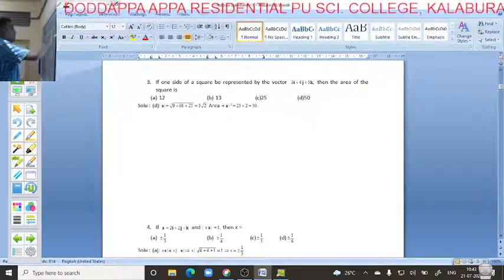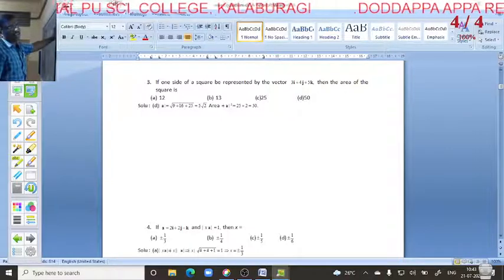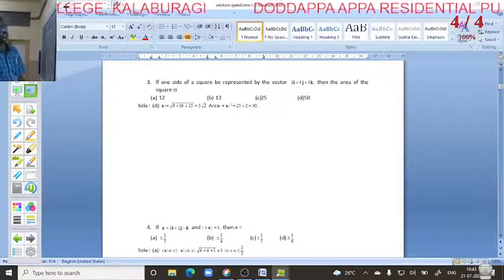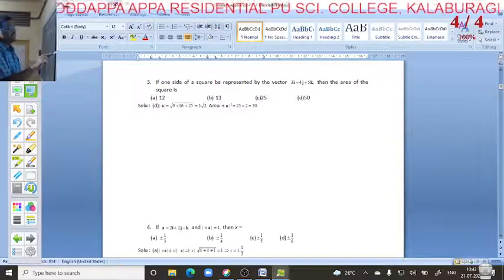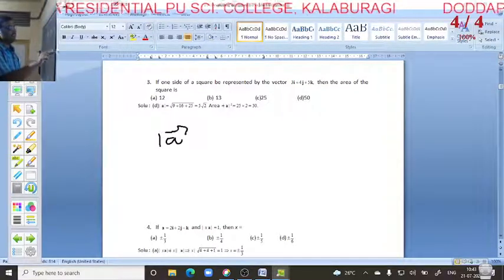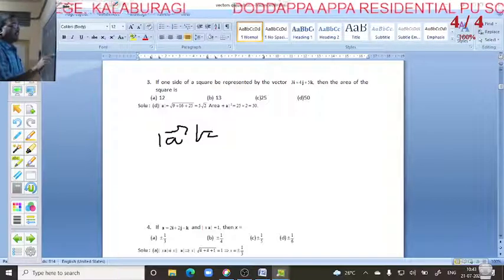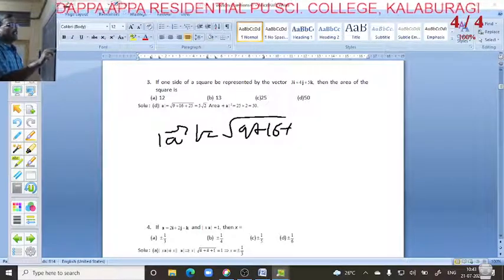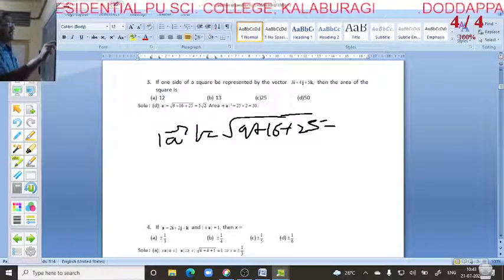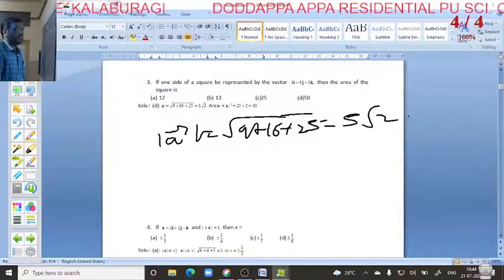Next, third one. If one side of a square is represented by the vector 3i plus 4j plus 5k, then the area of the square is. So first of all, for the area of a square, you have to find out the magnitude of that given vector. If you find out magnitude, we get 9 plus 16 plus 25, so we get actually 5 root 2.